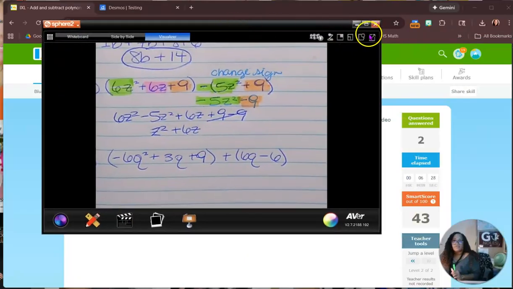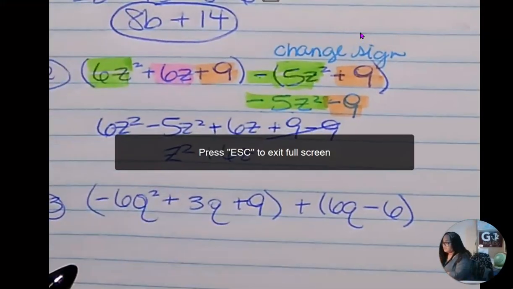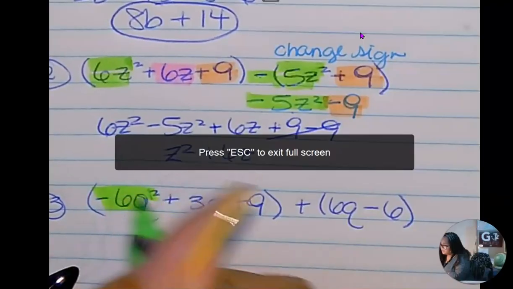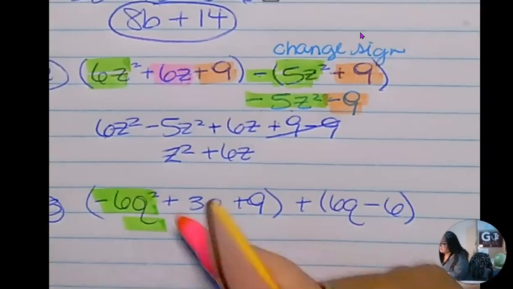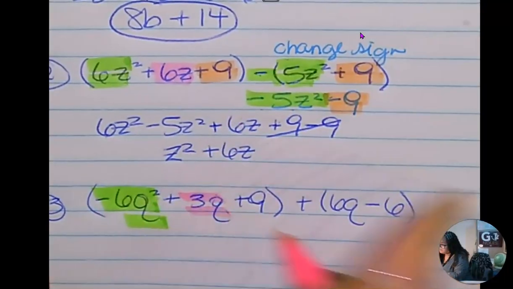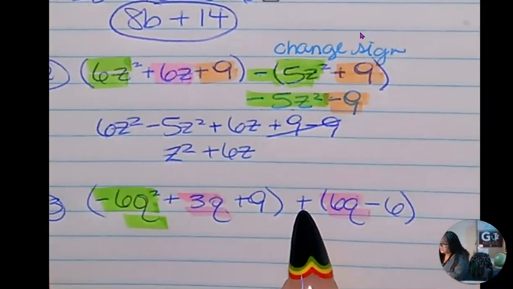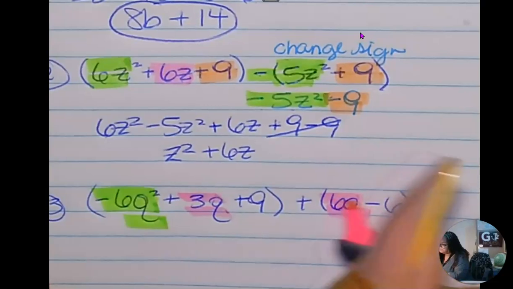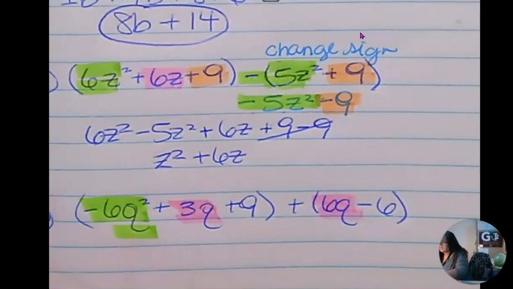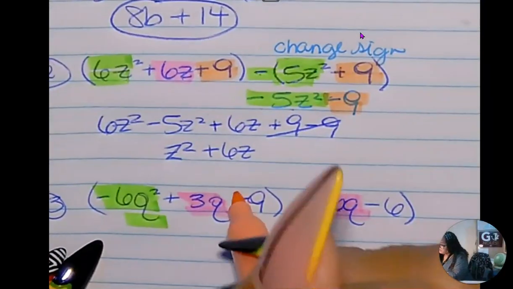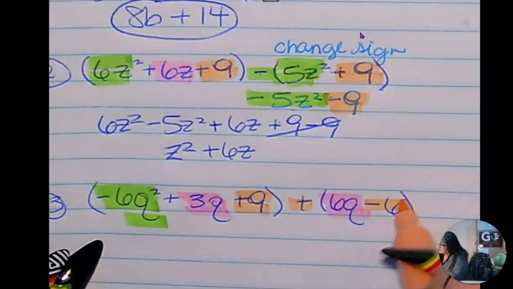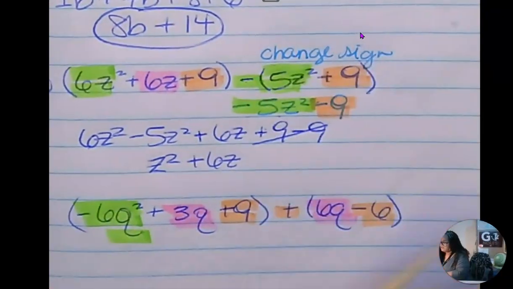There we go, now you can see. I've got my q squareds, there's only one of those. I've got my q to the first power, and this plus sign means keep the signs. And then my constants are going to be peach. Constant, keep the sign, constant.